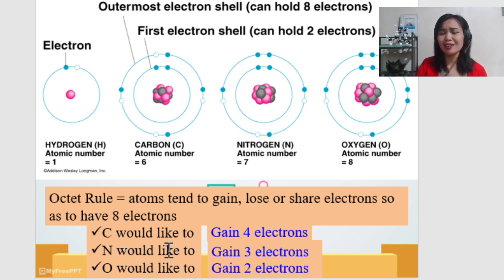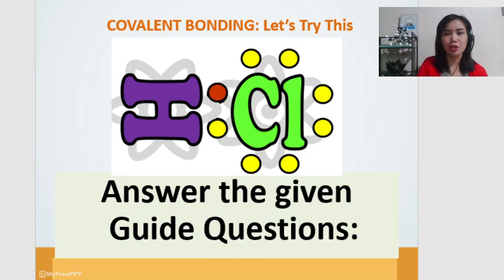So, why are electrons important? Elements have different electron configurations. They have different levels of bonding. Okay, so we have here, let's try this. Answer the given questions. So please capture para mamaya sa pag-check natin.